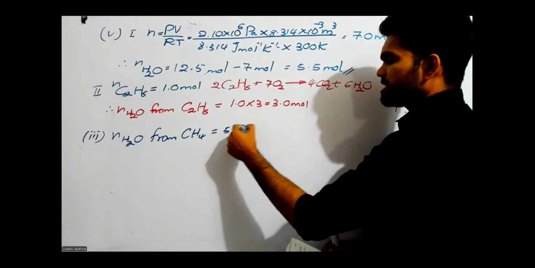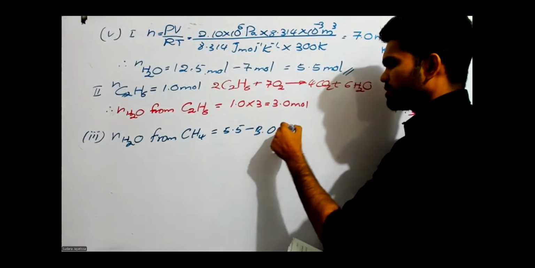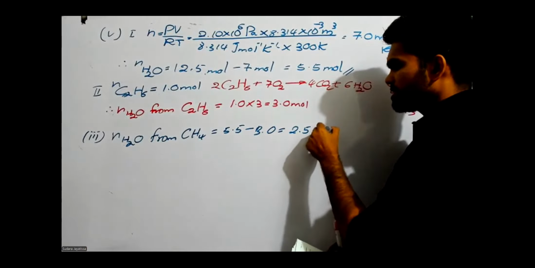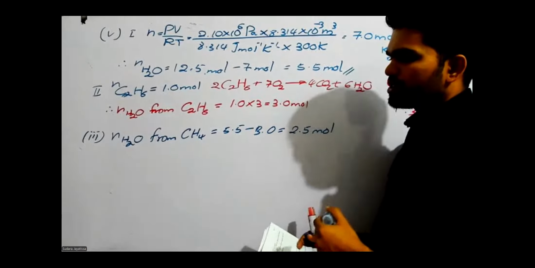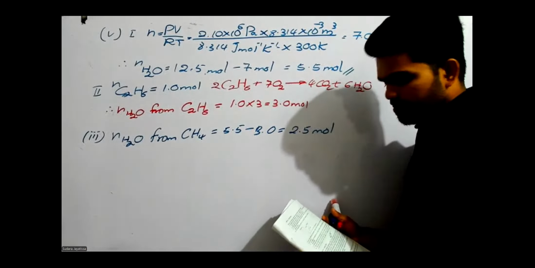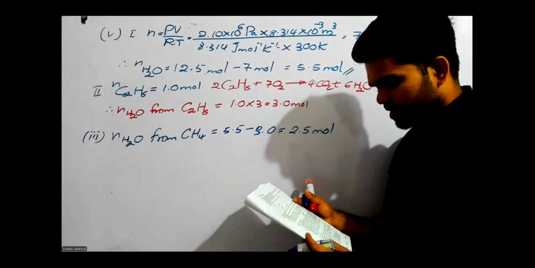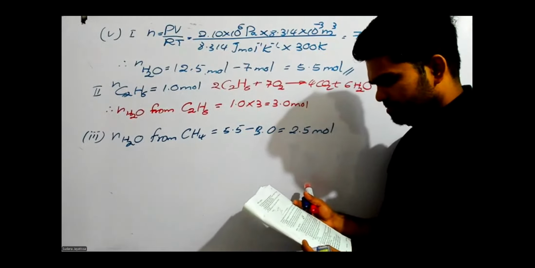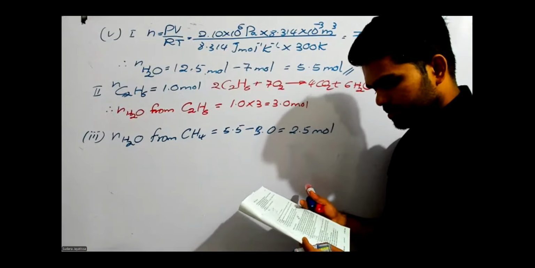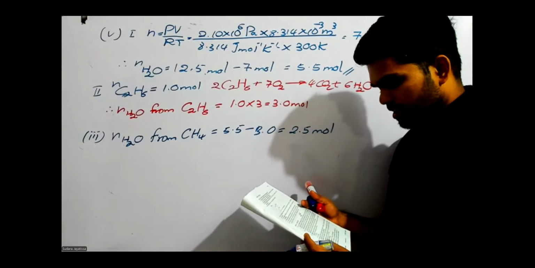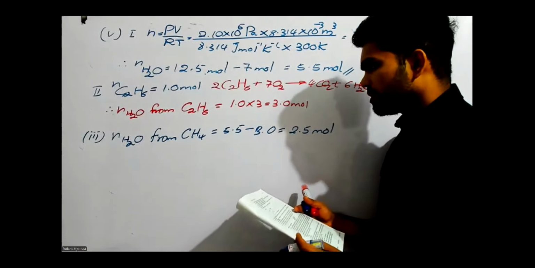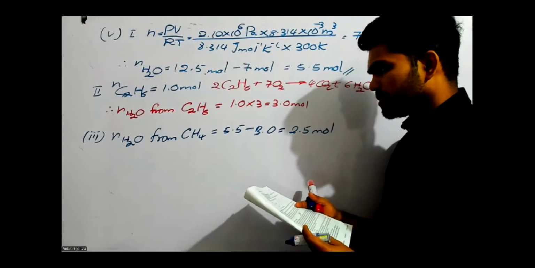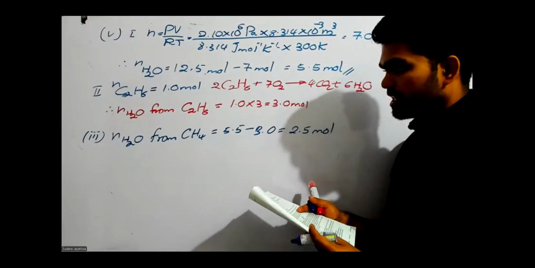So simply subtract these two values. So 2.5 moles are there. This is the moles of water. See, they are asking step by step, so we are not going to get lost in the middle. You just have to follow through.